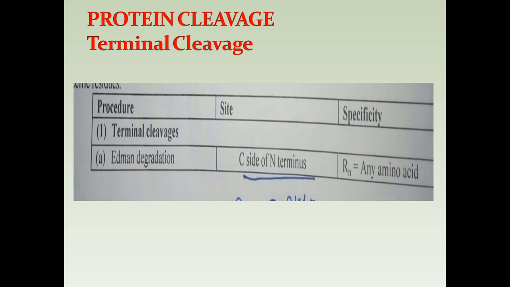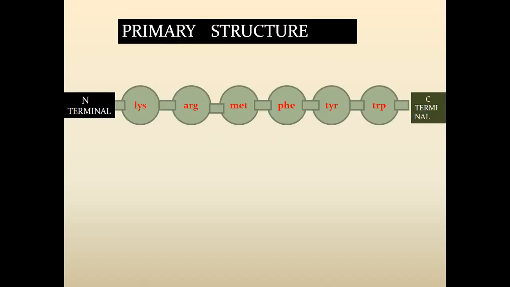Terminal cleavage occurs on the terminals, either on the N or C terminal, and internal cleavage does not occur on the terminals but anywhere in the chain. So the internal cleavage can take place either there, there or there, but not there and there, because these sites are reserved for terminal cleavage.